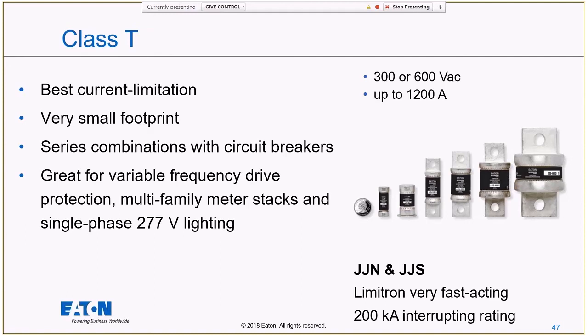So that's basically where we see those Class T fuses for the most part: variable frequency drive protection, some multifamily meter stacks, and single phase 277 volt applications, and we do not see them very much outside of that.